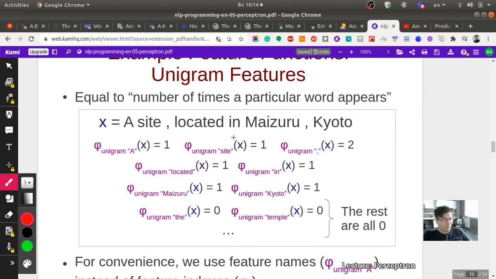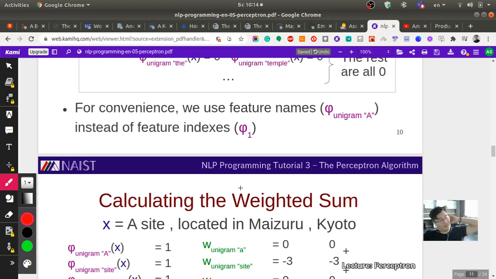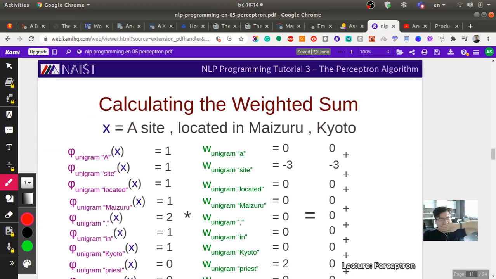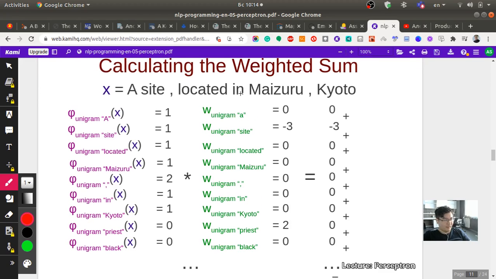These are unigram features. You can use unigram features, for example: a site located in Maizuru, Kyoto, the temple, etc. You can combine them and calculate. For example, if you have the text "a site is located in Maizuru", you will have these features.